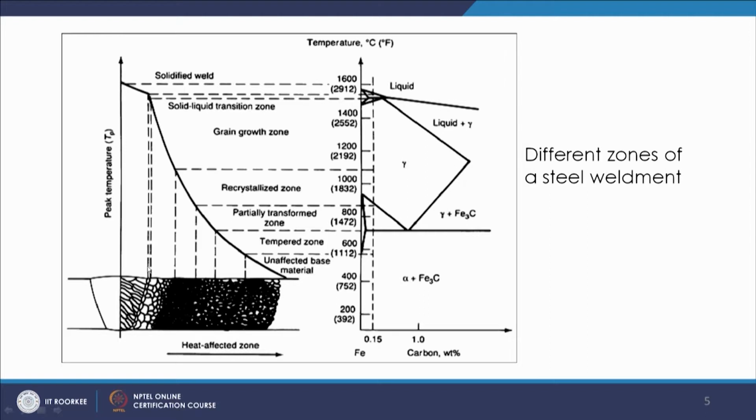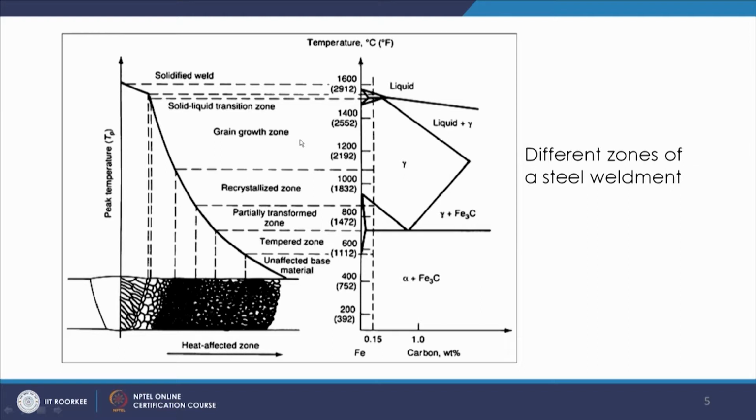As you see, the fusion line or fusion zone will be around this line. After this you will have a zone known as the grain growth zone. This zone will be somewhere close to 1100 degrees, up to this temperature, on the higher side.